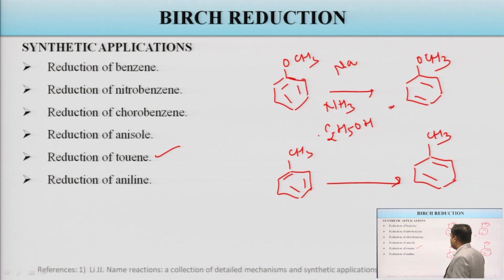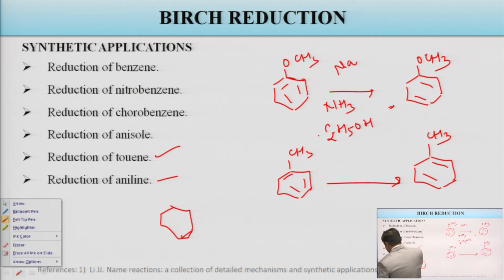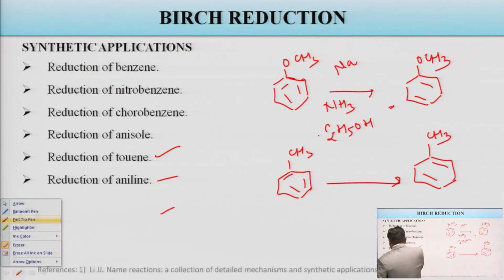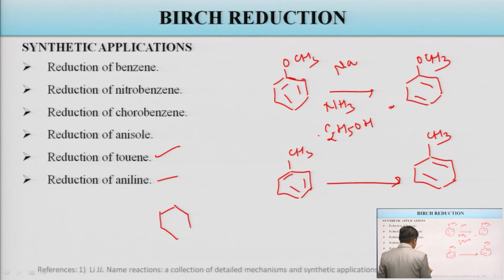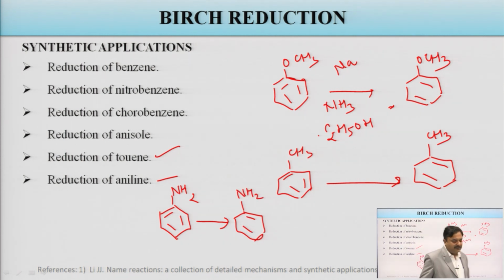Then we can also go for the reduction of aniline like this. The same reaction condition will be followed and you also know that the NH2 group is also an electron donor group. So, we will get this reduced product.